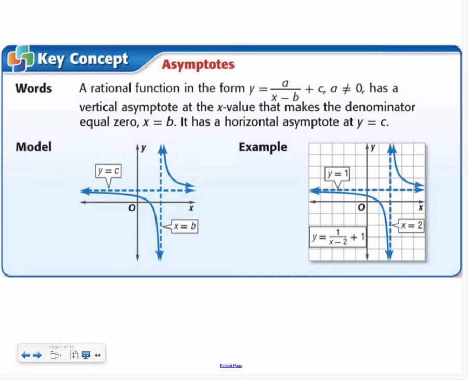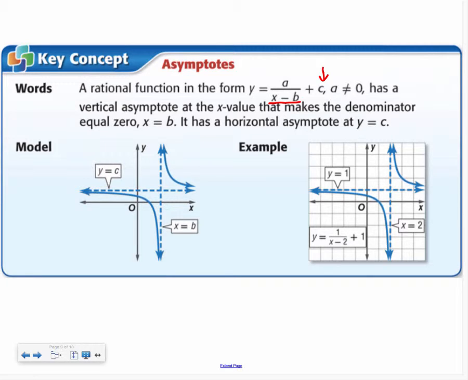All right, so asymptotes. An asymptote is when you have a value that makes the function not work. So it's essentially the numbers that make your denominator equal to 0, or it's the number that's tagged on to the end, okay?